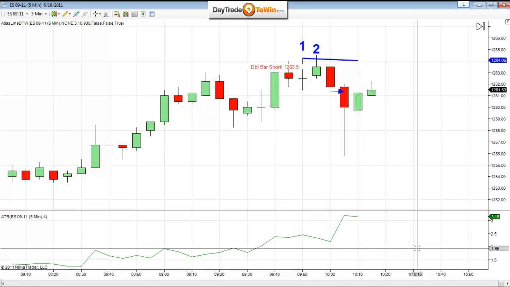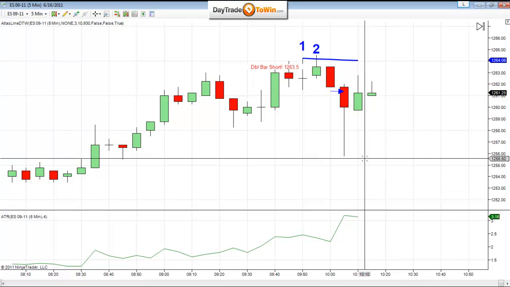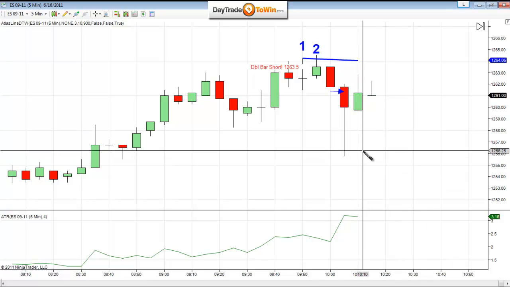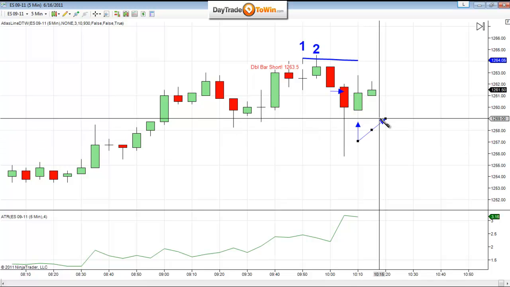First, let's look at what an Atlas Line pullback is. We could have it right now. An Atlas Line pullback is when we have a pullback occurring, and I explain this in more detail elsewhere, but it's as simple as looking at 2 consecutive candles pulling back.